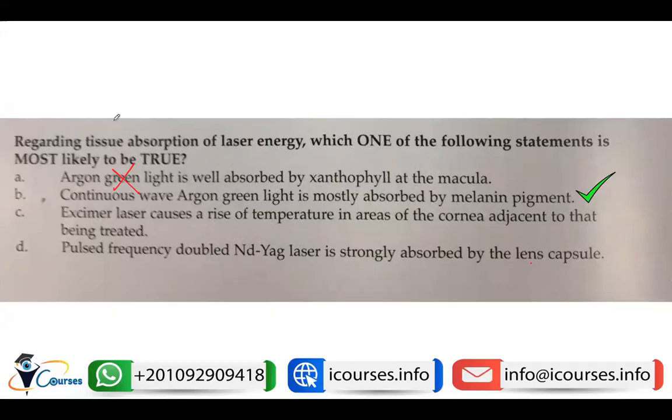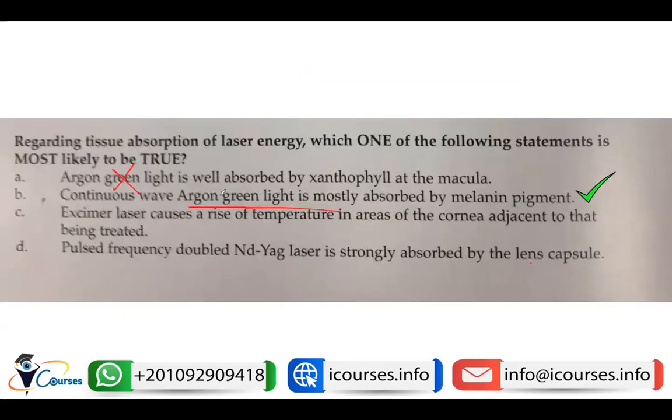So we use the green laser as it is safer, but the xanthophyll pigments will absorb the blue light more strongly. The continuous wave argon green laser is mostly absorbed by the melanin pigment. That's why we use it in argon laser photocoagulation, for example.